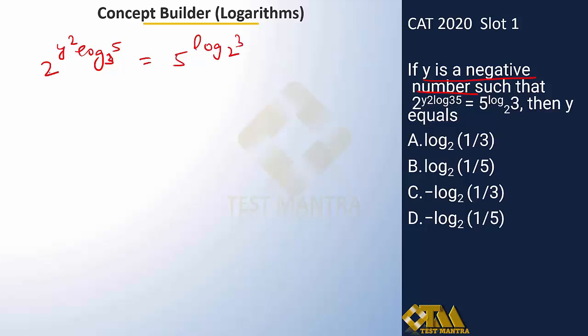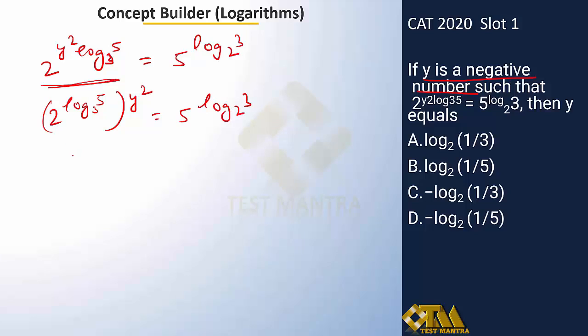Right, now here can I write this complete part as 2 raised to log 5 to the base 3, raised to y square, which is equal to 5 raised to log 3 to the base 2.